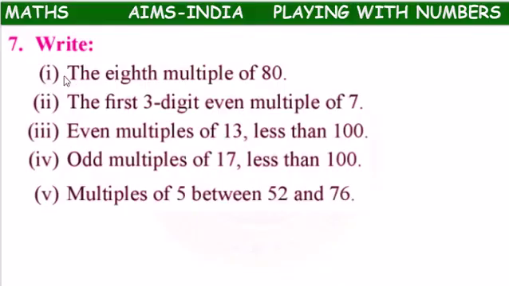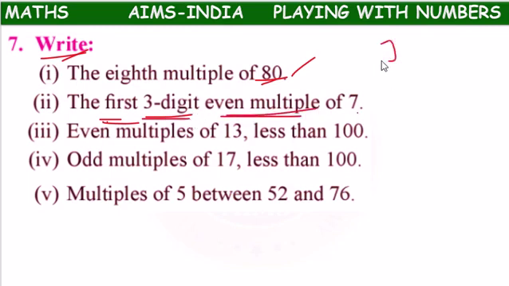Next. Write the first 8 multiples of 80. 80 times 1 is 80, 80 times 2 is 160, 80 times 3 is 240. Like that we have to write. Next, the first 3-digit even multiple of 7.